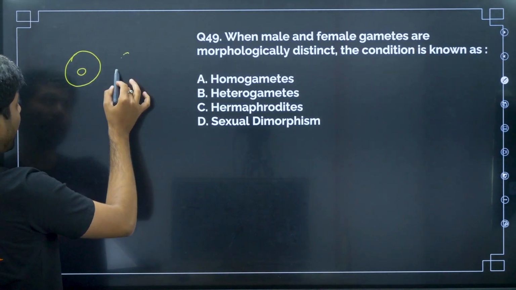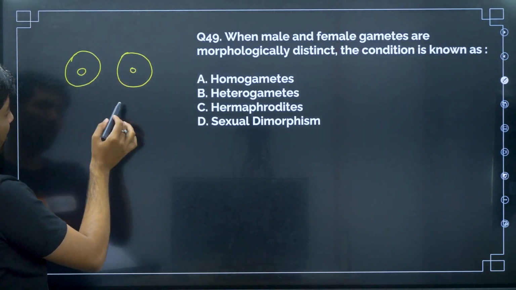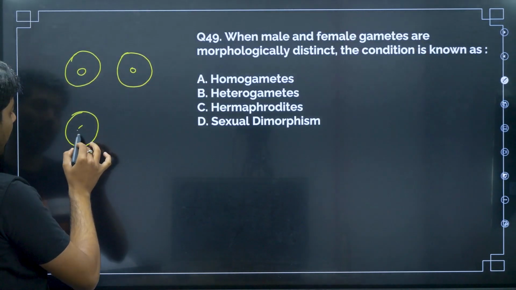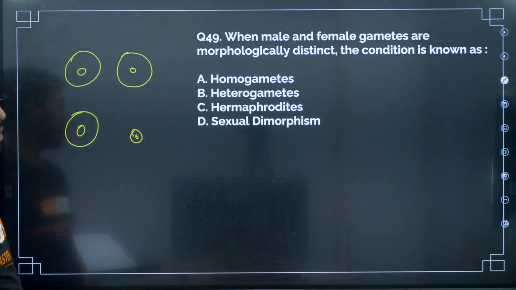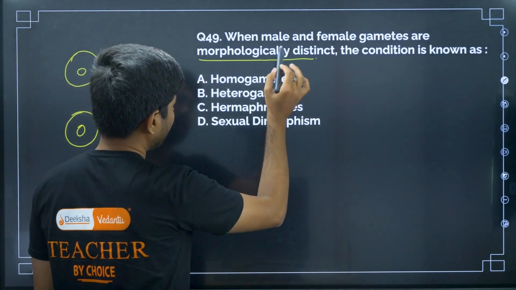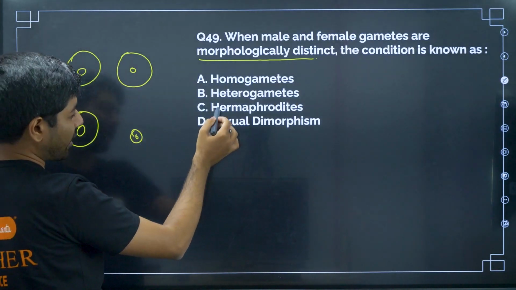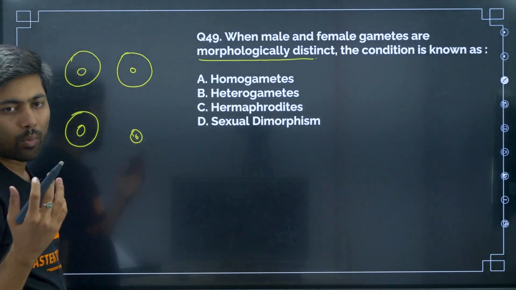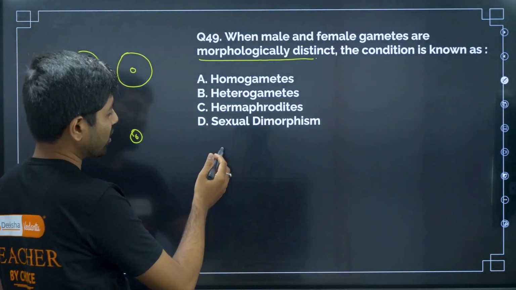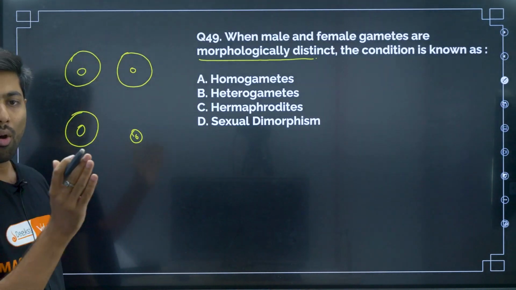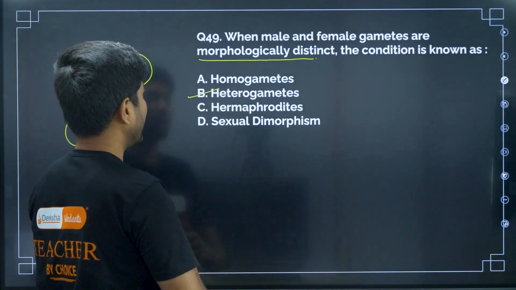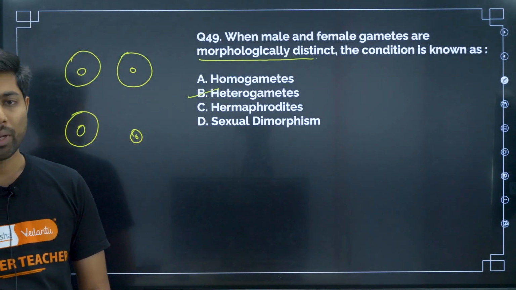Homogametes are both male and female are alike. What are heterogametes? Male and female differ in look, morphologically different. They're called heterogametes. Hermaphrodites, you know, a single organism having both the male and the female reproductive system. Sexual dimorphism is by looking at morphology, you can distinguish whether it's a male or a female. Therefore, answer is B. Answer has to be B.